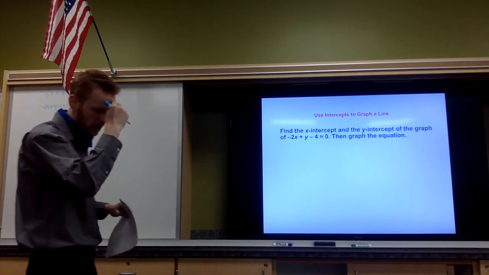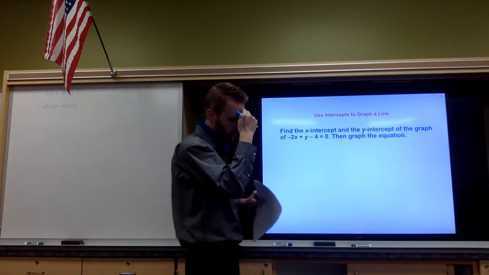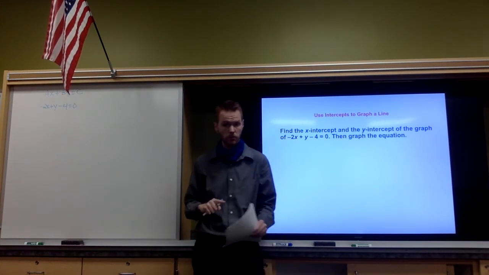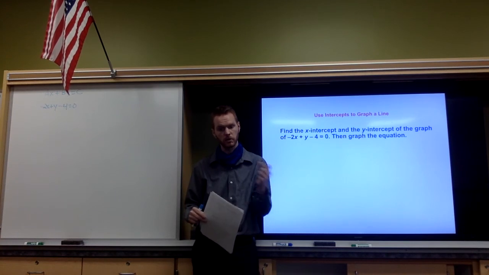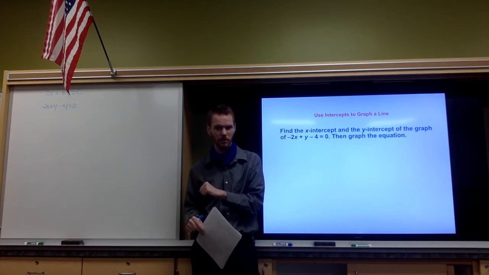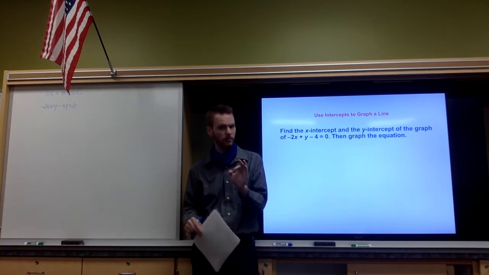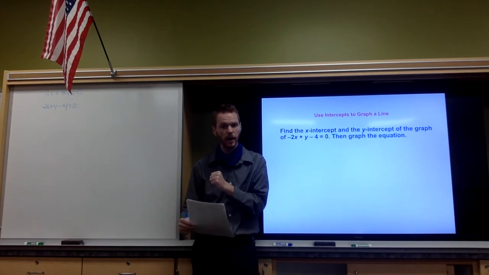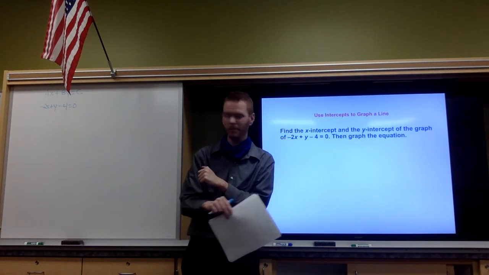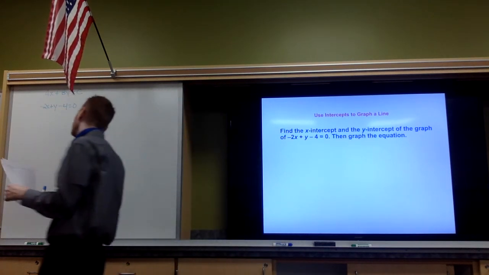When a graph crosses those axes, x and y, the other value is 0, right? If you cross the x-axis, the y value is 0. If you cross the y-axis, the x value is 0. So this problem literally just tells you, plug 0 in for x, what do you get for y? And do the same thing with the other variable. That's it.